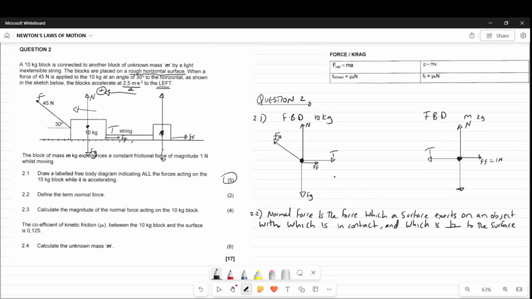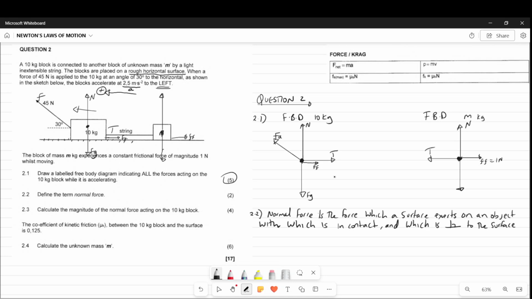So now let's get this right. A normal force is a force which a surface exerts on an object. So as you can see over here, we got our normal force, and this normal force exerts on an object. There's our object over here. Which is in contact: in order for you to have a normal force, the object needs to be in contact with the surface. If the object is not in contact with the surface, you won't get a normal force.